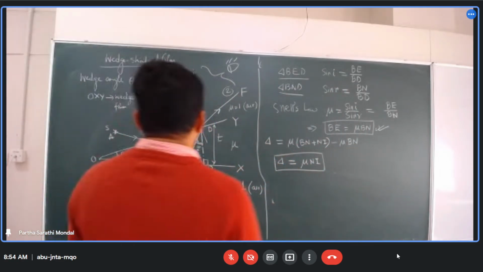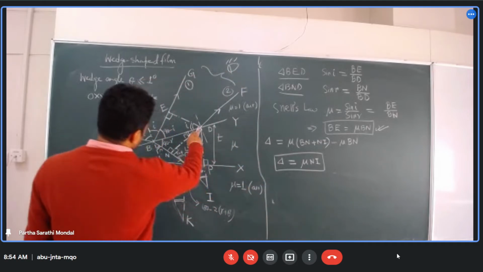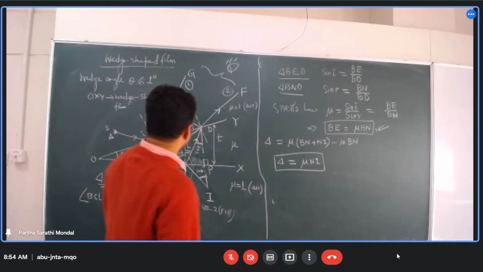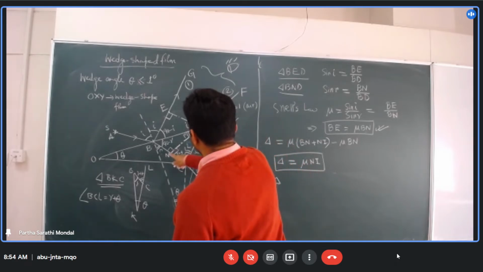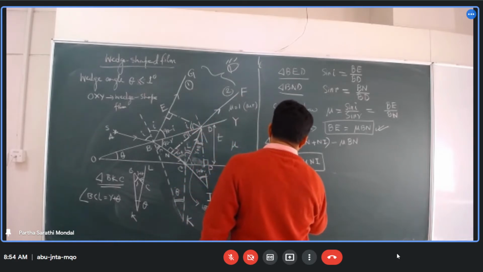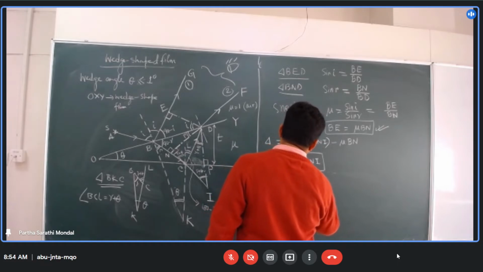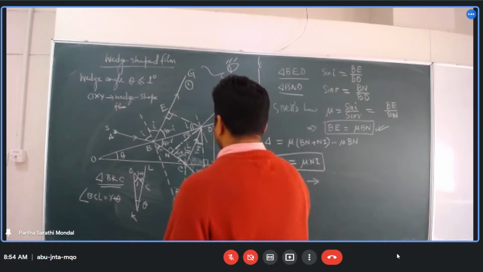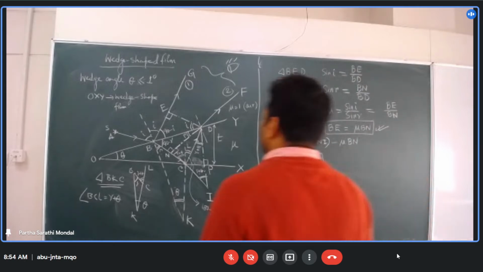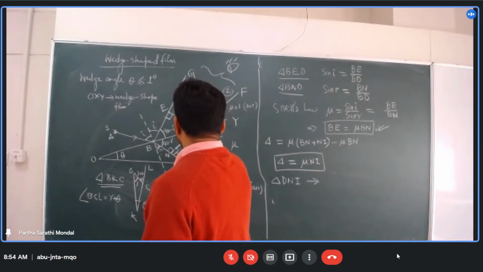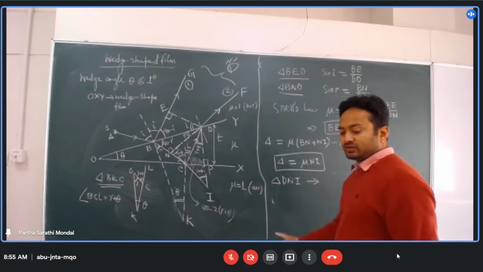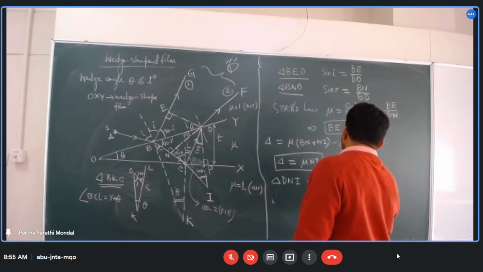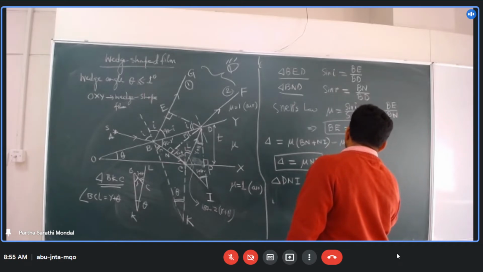Now you take this whole big triangle, the triangle DNI. If I take this triangle, this is your 90 degrees, this is your hypotenuse and this is your base. So we can write cos of r plus theta.